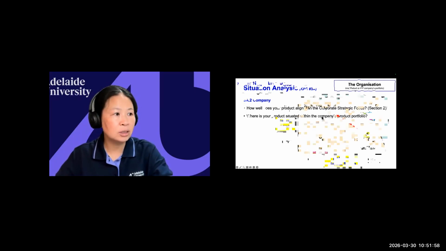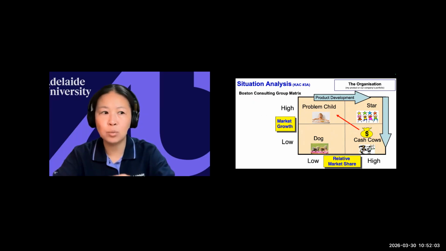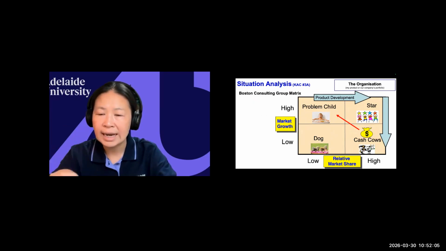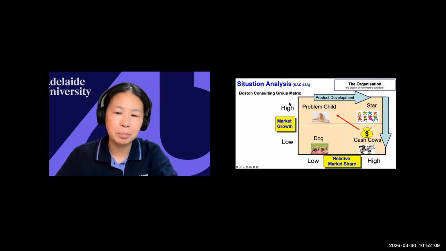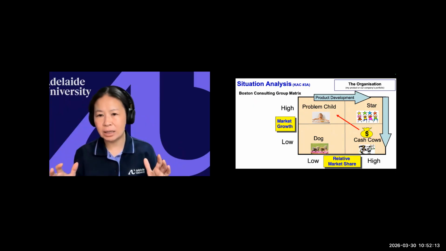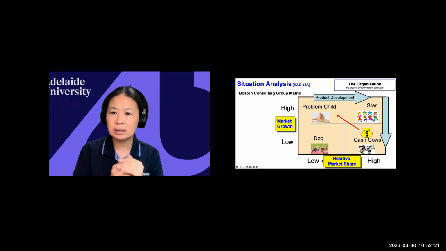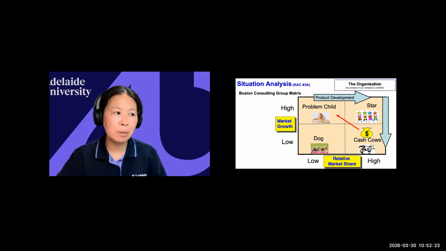Ask these questions if you're not sure. You can also use these tools to see where your product sits in the company's product portfolio. So what this Boston Consulting Group matrix does is it helps you map out and see where your product is currently sitting. Is it in the problem child section, where at the moment you can see that the relative market share of your product is low?